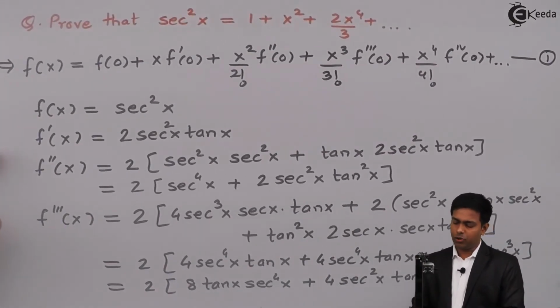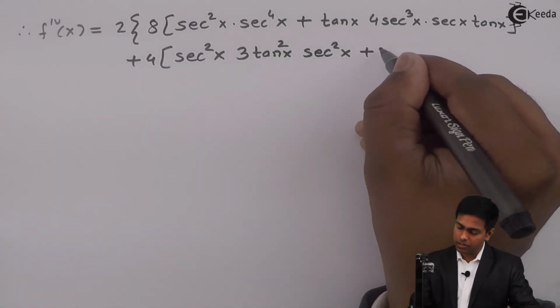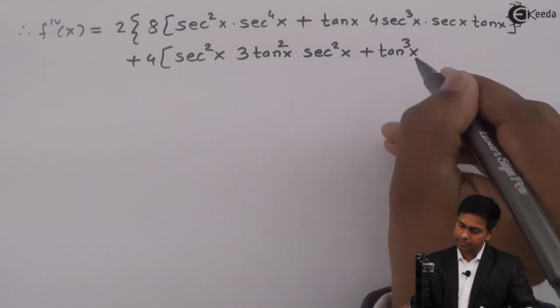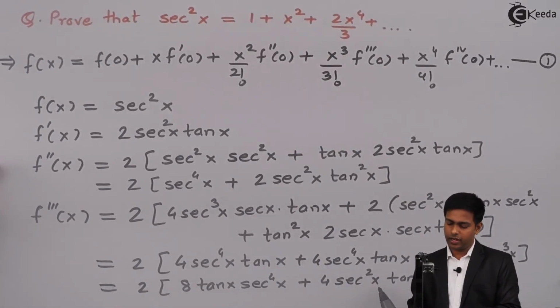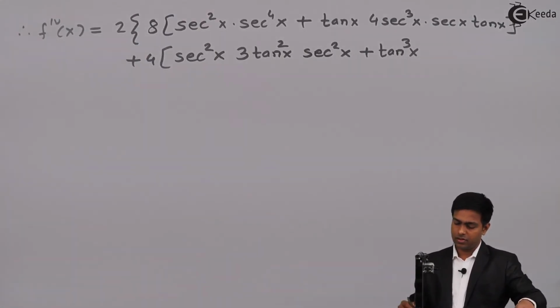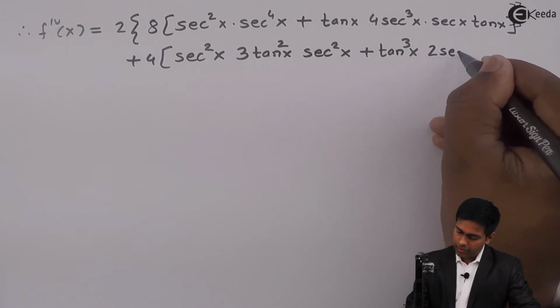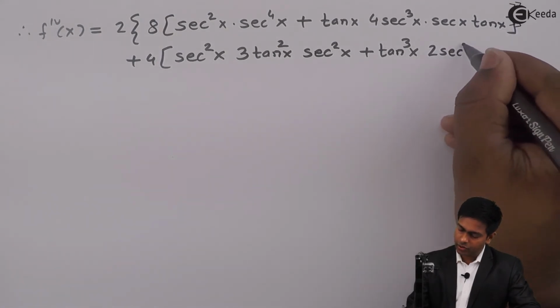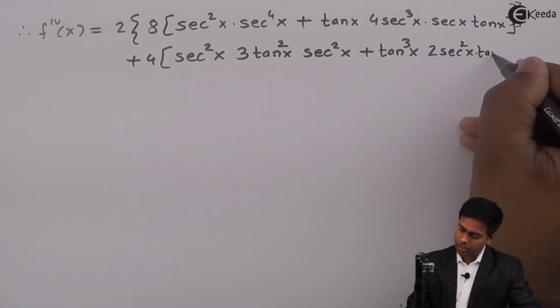Next, now tan cube x as it is, so here I'll say plus tan cube x, and the derivative of sec square x is 2 times sec x into sec x into tan x, so sec square x into tan x.